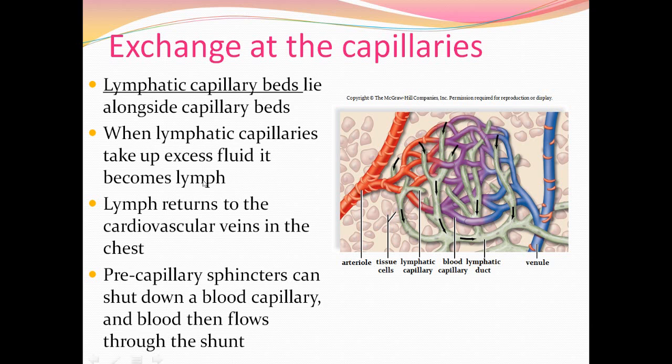Another thing on this slide is precapillary sphincters. A sphincter is a round muscle that closes off an opening. If your tissue's not active, these little almost valve-like precapillary sphincters shut down blood flow into the capillaries, because technically you don't have enough blood in your body to fill up all your capillaries.